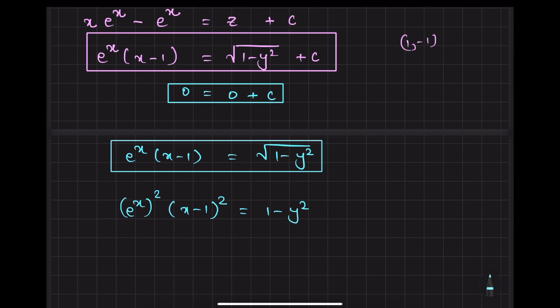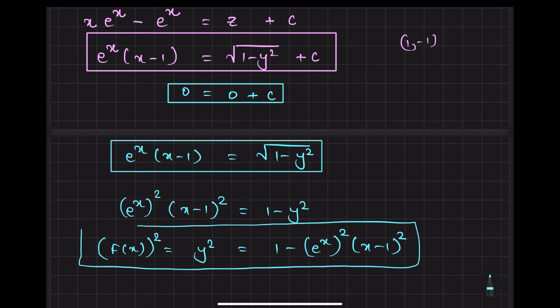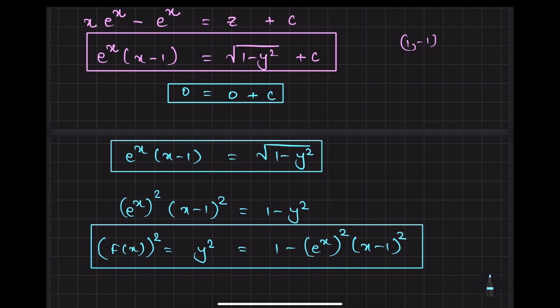So can I take y square this side? So y square is equal to 1 minus e power x whole square, x minus 1 whole square. Now who is this y? Can I write y as f of x? Y can be replaced with f of x, no? So we can do that. So we got our function.